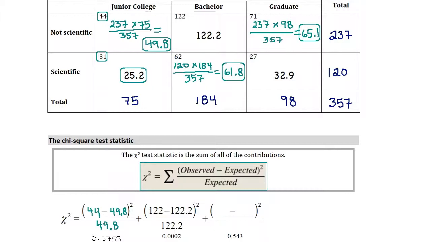So let's now do this also for graduate, not scientific. We've got an observed count of 71, an expected count of 65.1, and we would divide by the expected count of 65.1. Go ahead and try that calculation and verify that you get 0.543.